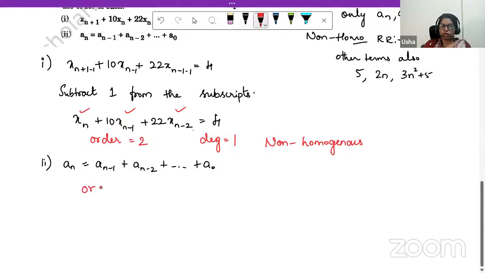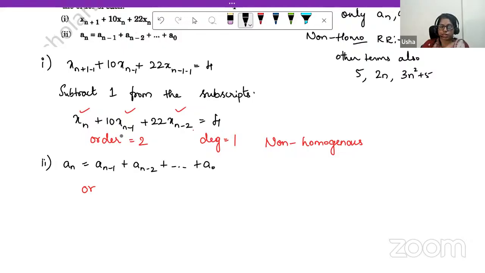The next one. What is the order? Here, there is no need of degrees for powers of variables. It is a power of an or xn. See, suppose you have 4n square here. You cannot take degree as 2. Degree is only for the xn or an term, not for constants or non-homogeneous terms.